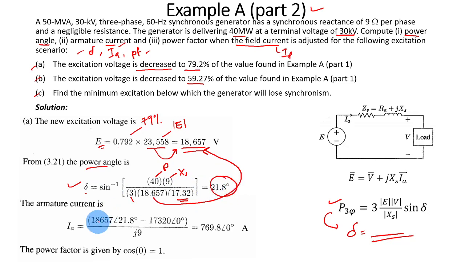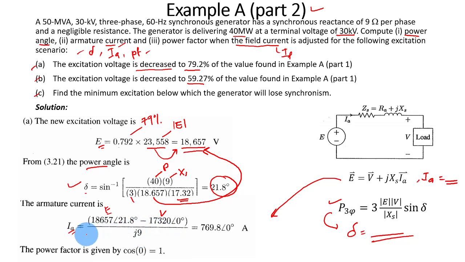If you want to find the armature current, you can use this formula and solve for armature current. E is the new voltage at this new angle of 21.8 degrees, minus V, because the phase voltage is always assumed constant, divided by the synchronous reactance.